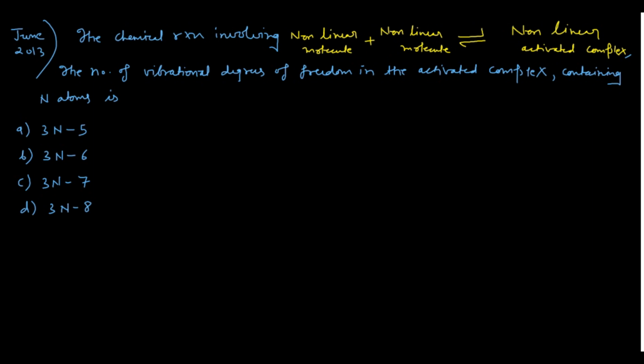So if you solve this, I am writing the solution here. You know 3n minus 6 is the formula for the vibrational degrees of freedom, the VDF.